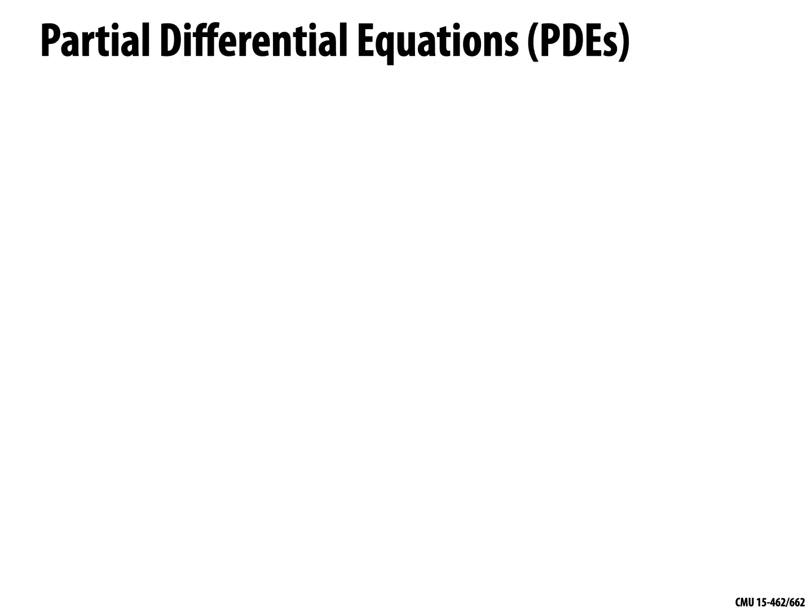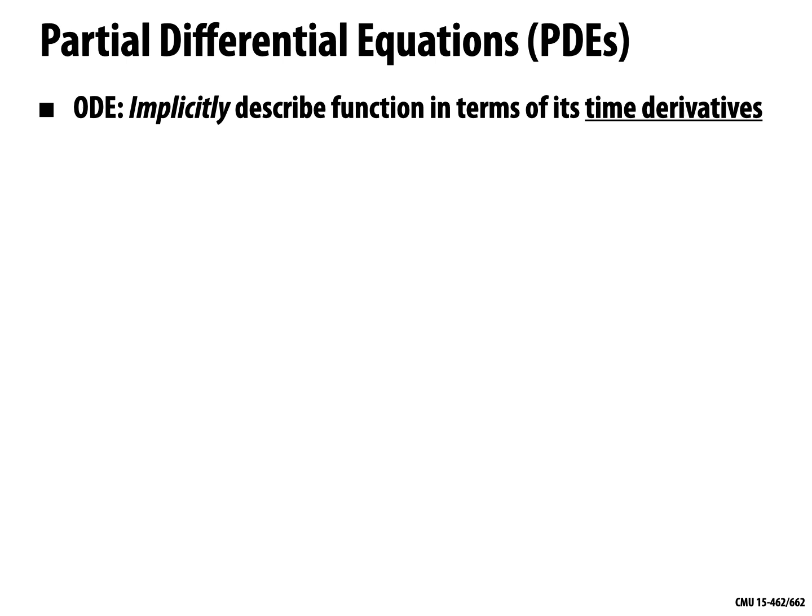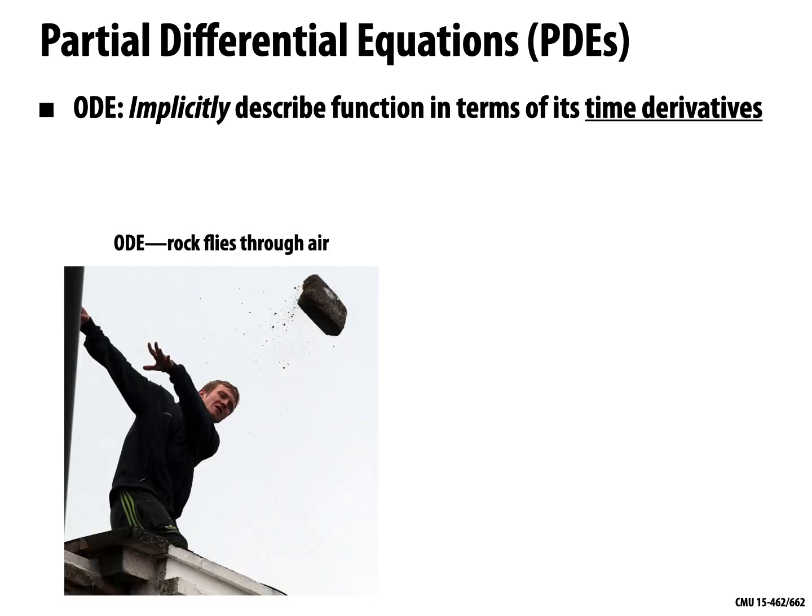Okay, so again, the basic idea of an ordinary differential equation is that we're going to implicitly describe a function in terms of its time derivatives. So for instance, let's say we wanted to model a rock just flying through the air along a ballistic trajectory. We might say that the position of the rock, x, at any time t, has a second time derivative equal to the direction of gravity.